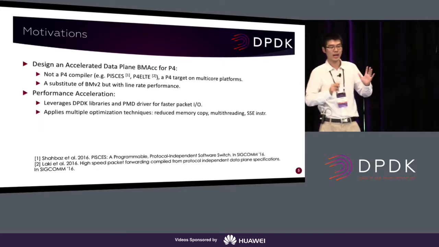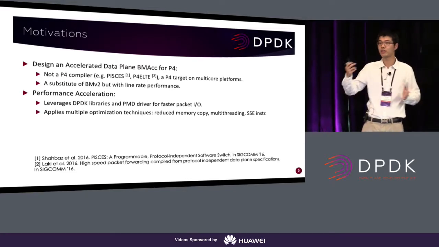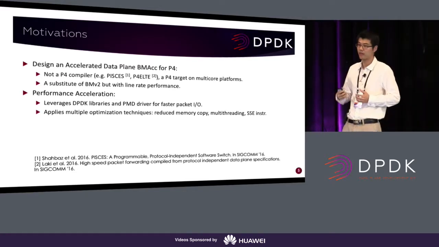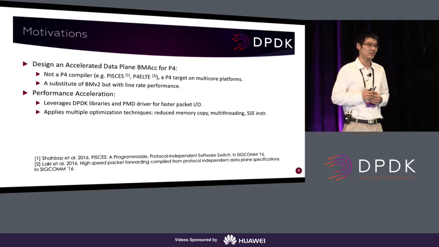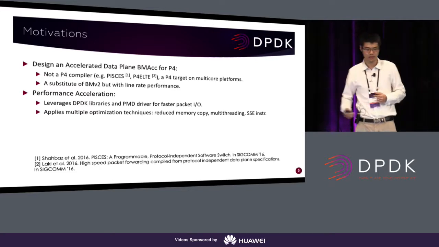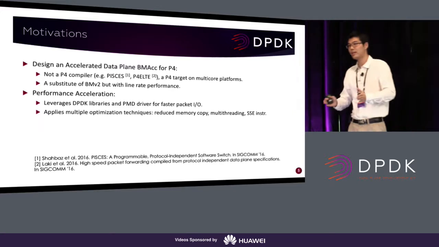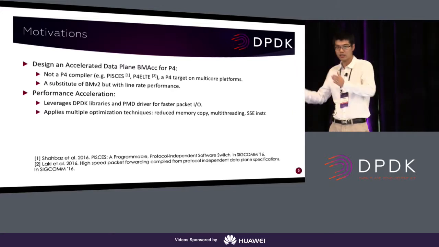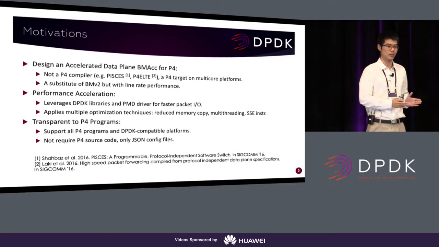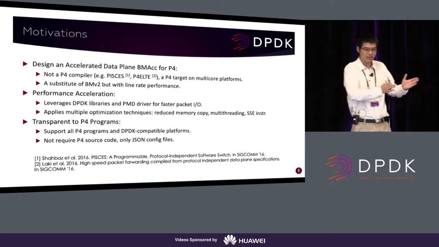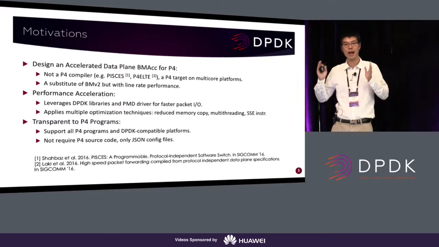The magic behind this is the performance acceleration, such that we leverage the DPDK libraries and PMD drivers for faster packet I/O. We apply multiple optimizations, which I will discuss in greater detail later on, such as reduced memory copy, multi-threading, using parallel SSE instructions, etc. And we want it to be transparent to P4 programs such that it can support all P4 programs and all DPDK compatible platforms.